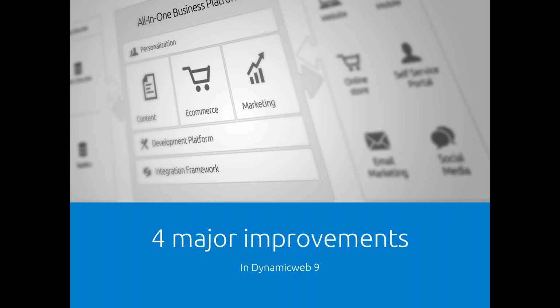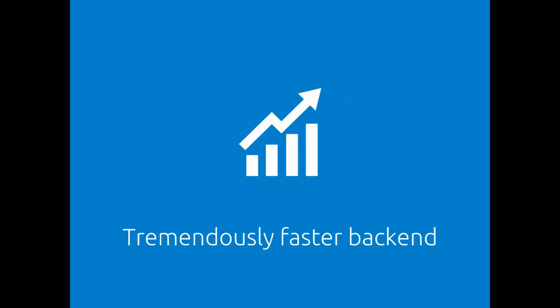But back to 9.2, which is this release, the second upgrade to the initial release of Dynamicweb 9, and this release contains 4 major new features alongside a long list of improvements that we received from customers and partners to Dynamicweb 9.